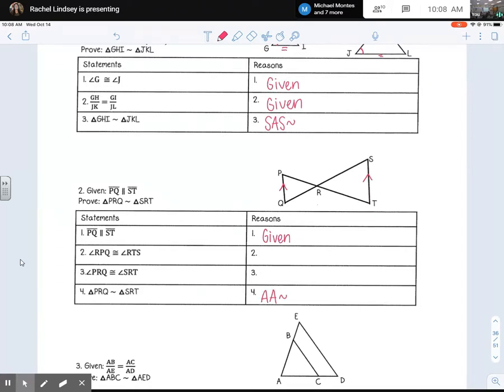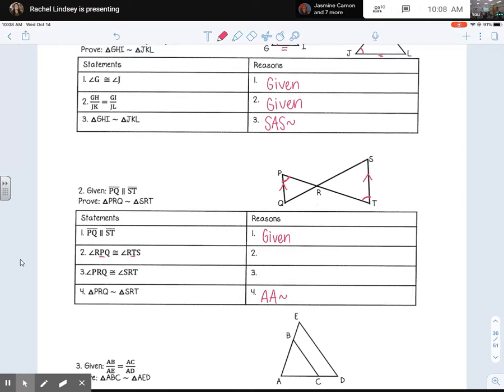And so it says the second statement is angle RPQ is congruent to angle RTS. So RPQ congruent to what is it? Angle P, angle T.